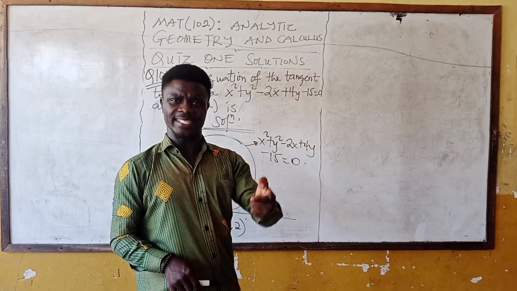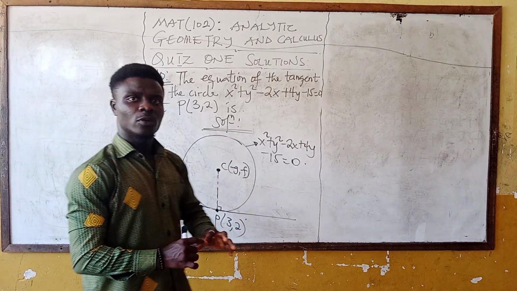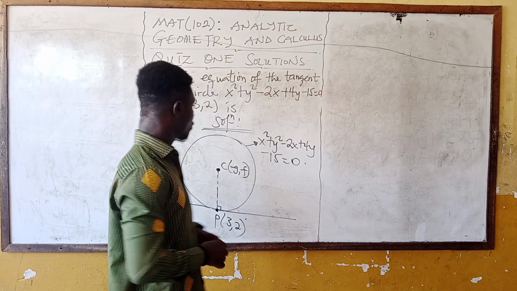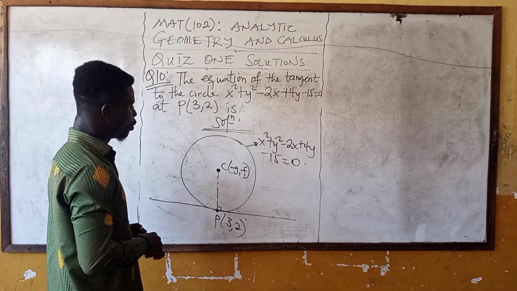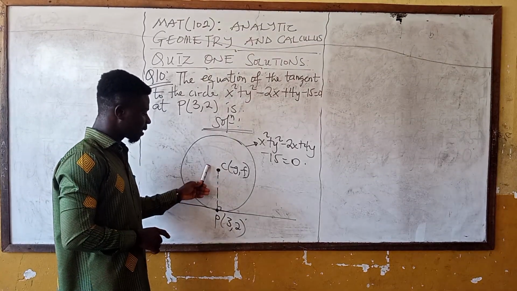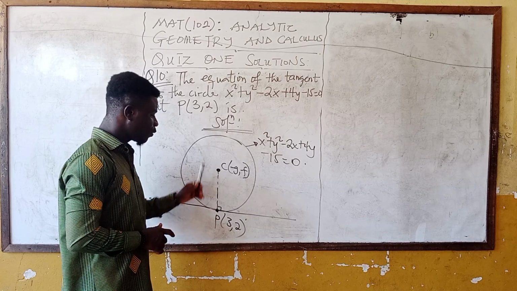We want the gradient attached to this point P(3, 2) in order for us to find the equation of the line. So now, what can we do? Let's find the center. When we find the center, we use this center and this point to find the gradient.